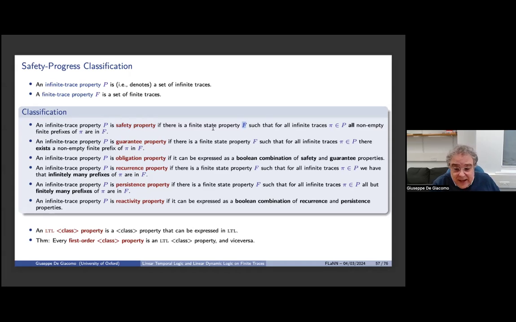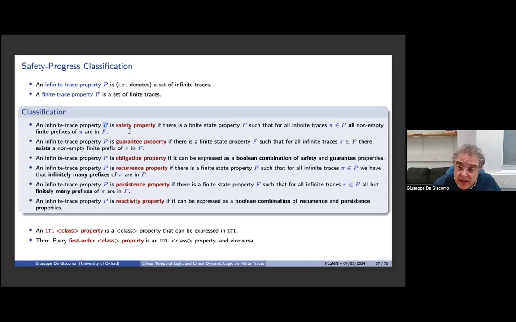And also guarantee: there exists a prefix of an infinite trace satisfying the infinite property that satisfies a finite state property. So the structural property is coming from a finite state description, while the behavior ad infinitum comes from the infinite trace property.